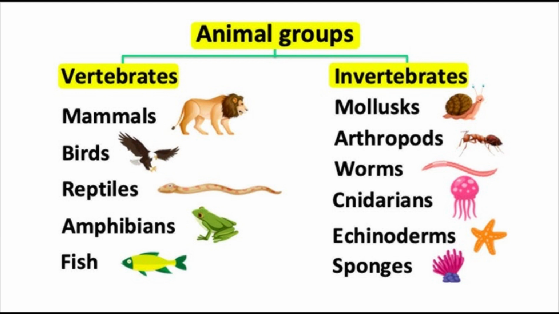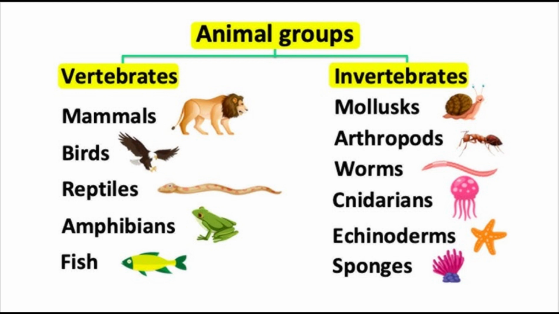Then he further divided animals into two subgroups, vertebrates and invertebrates. Vertebrates are those organisms that have backbone, and invertebrates are those organisms that do not have backbones. Getting?